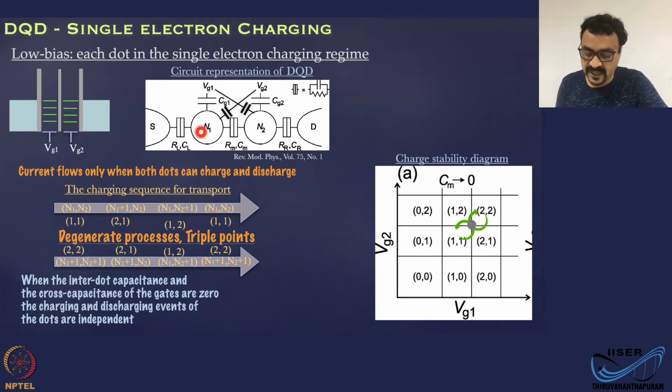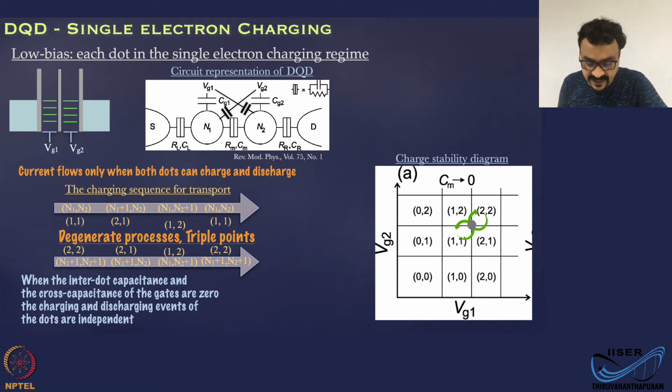So you have n1, n2, then n1 plus 1, n2, then this electron goes to dot 2, that means n1, n2 plus 1, that is here. Then finally this electron in dot 2 will tunnel into the drain, then go back to n1, n2. So this is a sequence. That is one way to get the transport through.